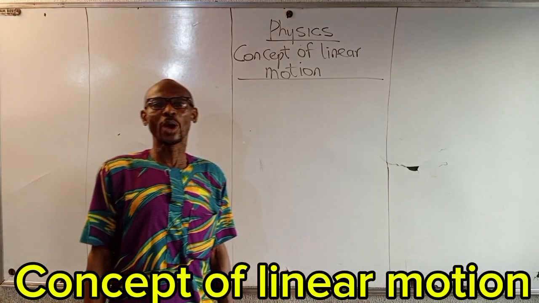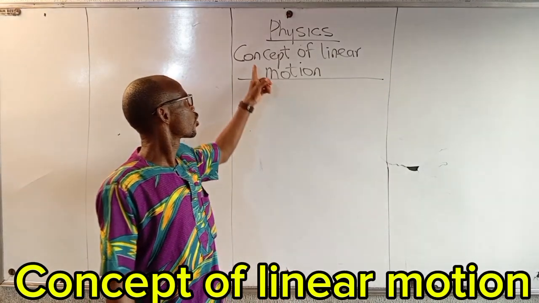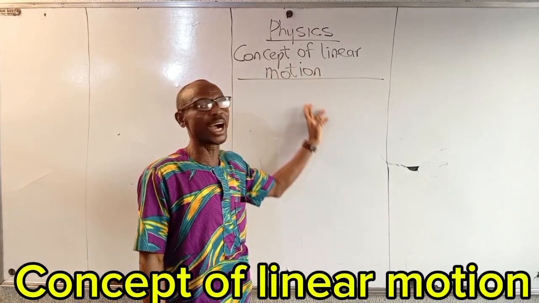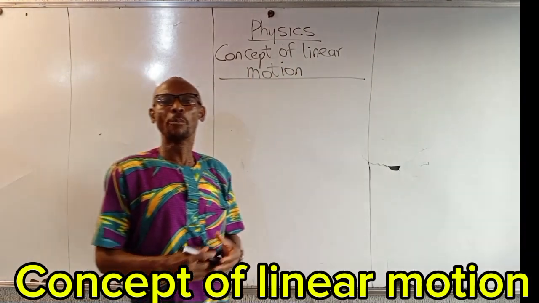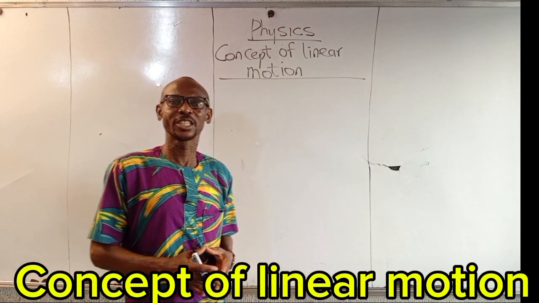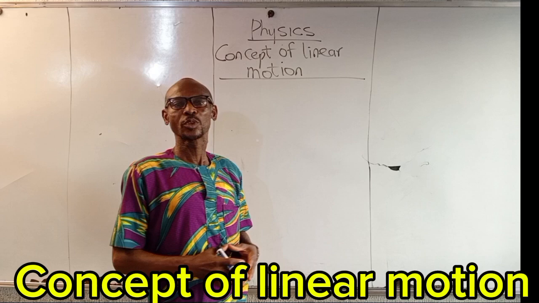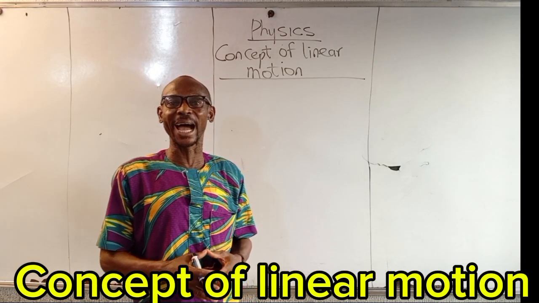Today, we are going to look at the concept of linear motion. First, what is motion? Motion is regarded as a change in the position of a body with respect to time.